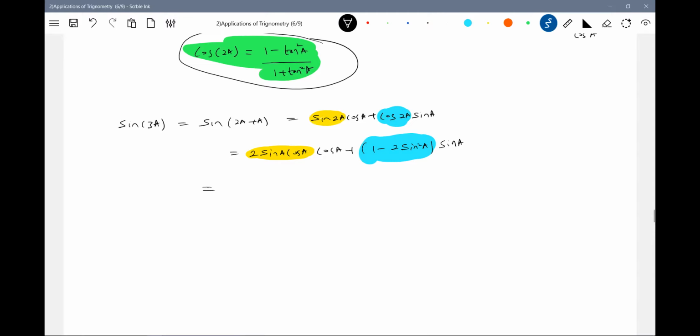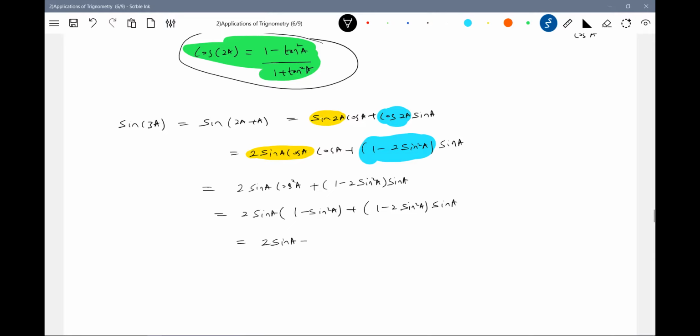So this becomes 2 sin A cos square A plus (1 minus 2 sin square A) sin A. Cos square A I'll write as 1 minus sin square A. So 2 sin A (1 minus sin square A).